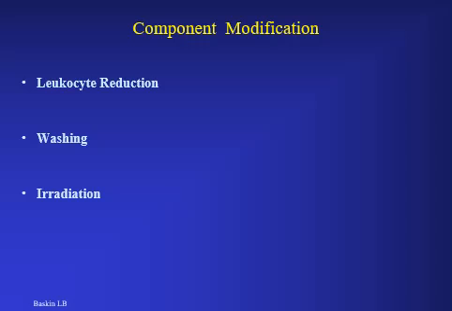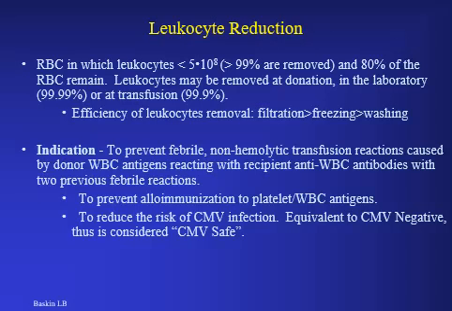Since nearly all units nowadays are leukocyte reduced, this is not really much of a modification, but they're removed at different times, and essentially 99% or more of the white blood cells are removed. The original indication was to prevent the febrile reactions, because these tend to be caused by white cell antigens and cytokines.